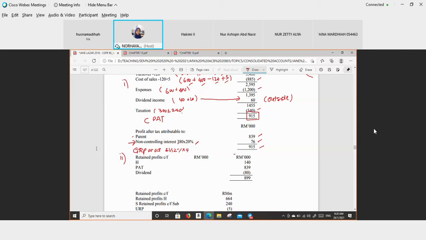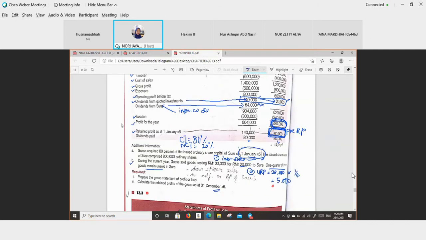So kena start dengan H lah. First you have H. You ambil je 140, which is this is opening, holding company punya retained profit at 1st January X4. You ambil yang awal tahun dulu.